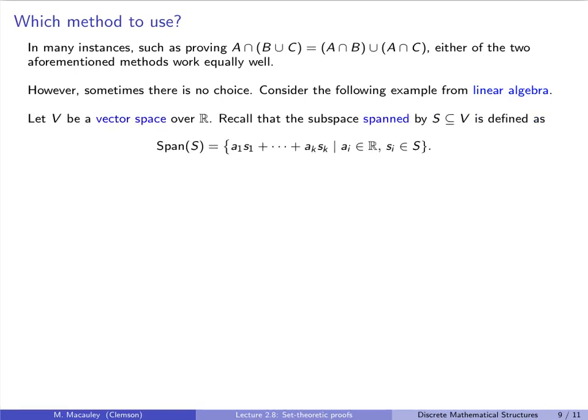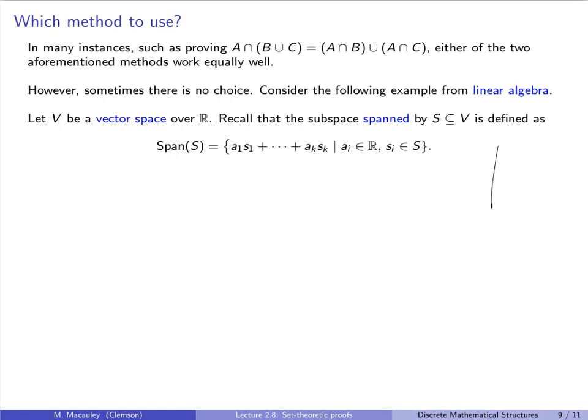Let V be a vector space over R. So if you don't know what this is, think of it just as a collection of vectors that is closed under the operation of addition and scalar multiplication. So a bunch of vectors, and if you add up any of those vectors or subtract them from each other or multiply by scalars, you get another vector in the set. So in your mind, you should think of like a line or a plane that goes through the origin.